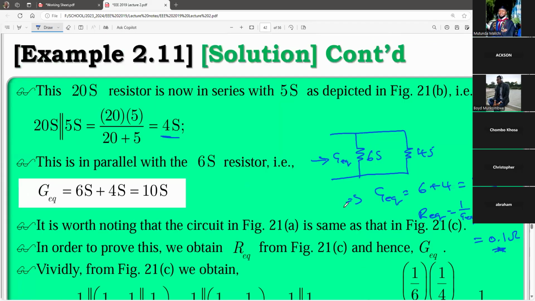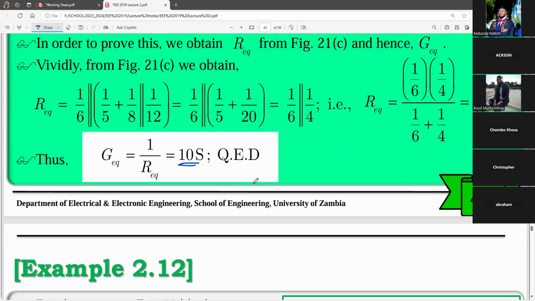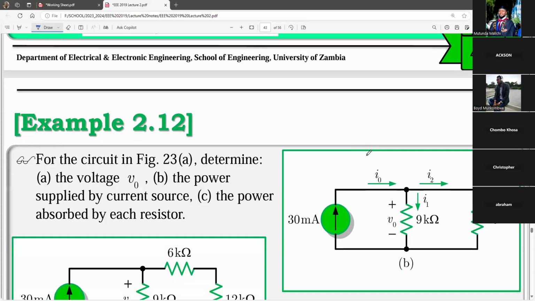Then you should be able to get the same answer, 10S. Okay, I hope that is fair for everyone.